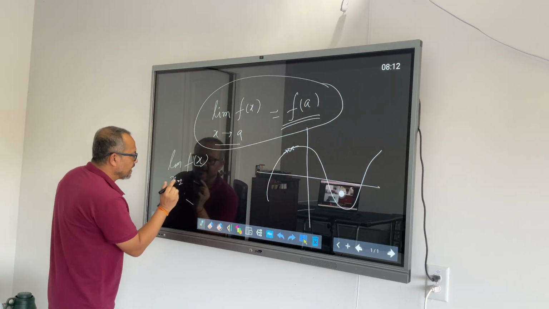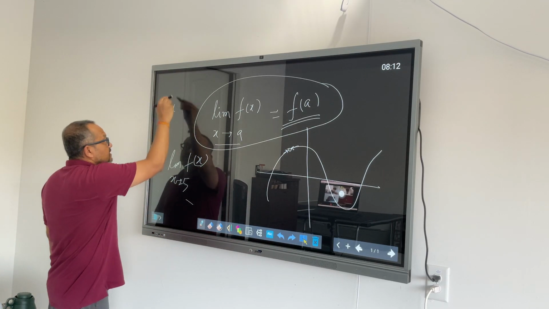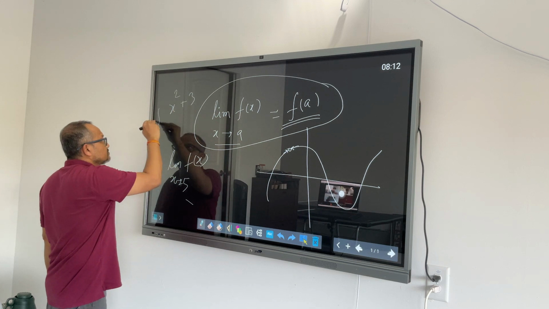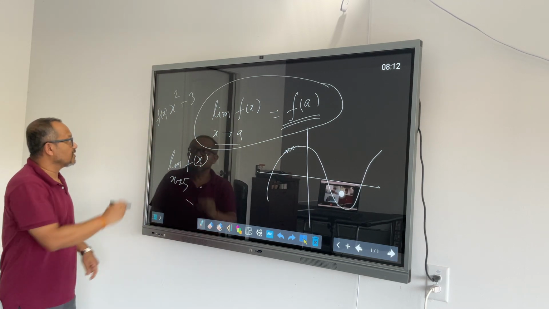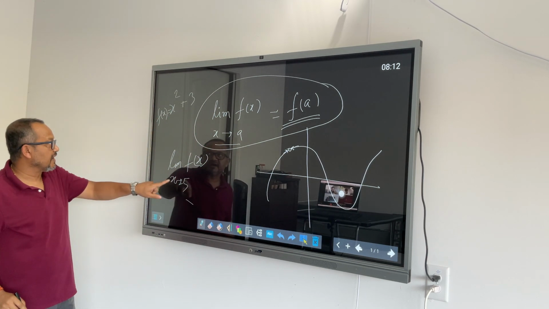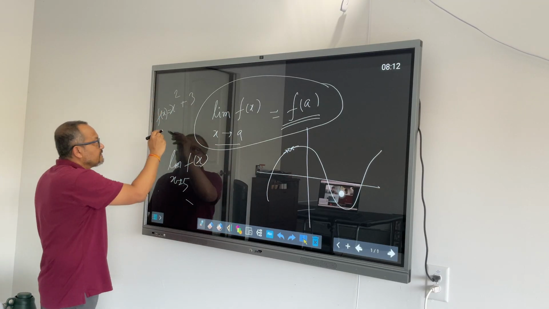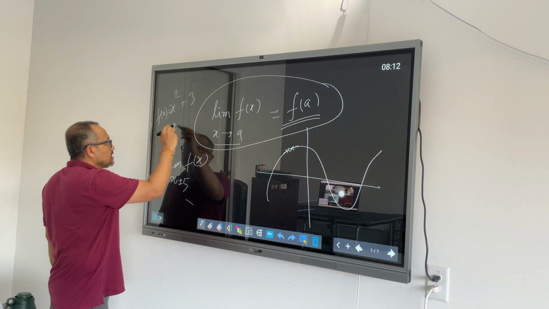let's say a is 5 and the function is x squared plus 3. To find the limit when x is approaching 5, the first thing I'll do is plug that value in. 5 squared is 25, plus 3.